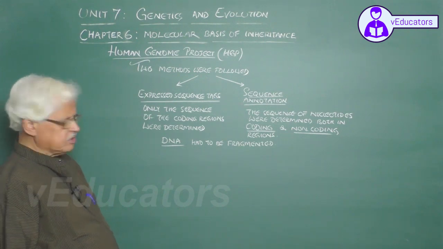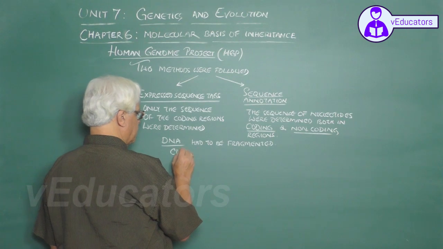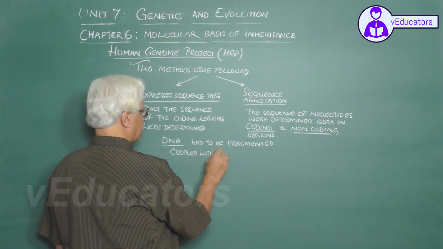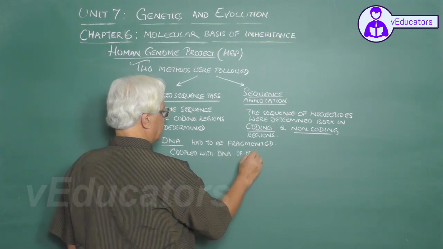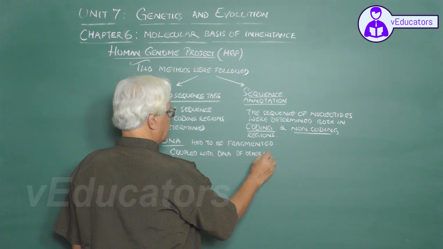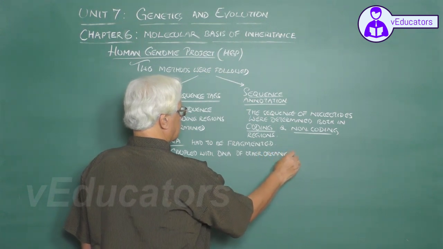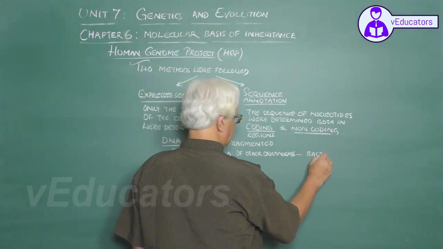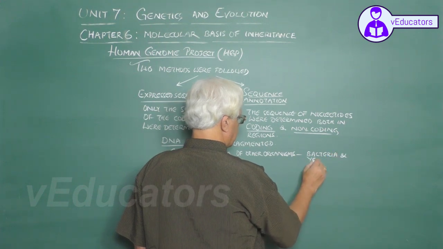DNA of the human cell had to be fragmented, and it had to be coupled with DNA of other organisms such as bacteria and yeast.